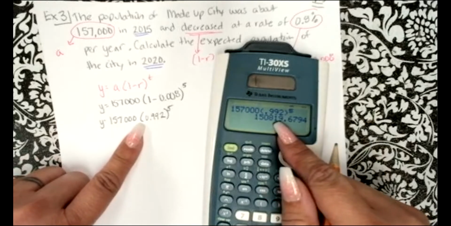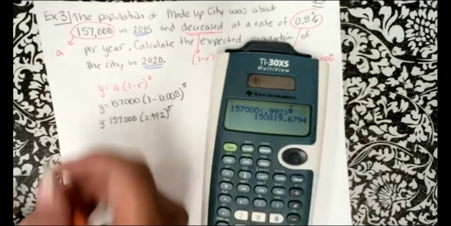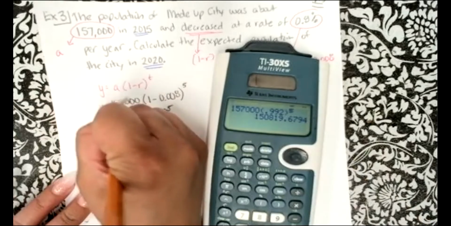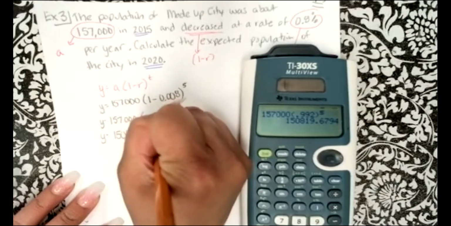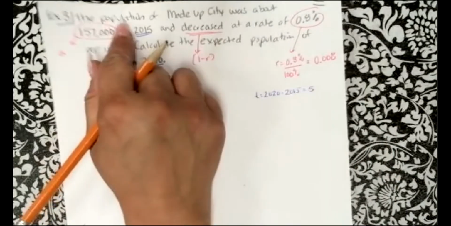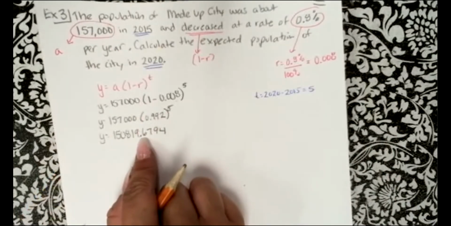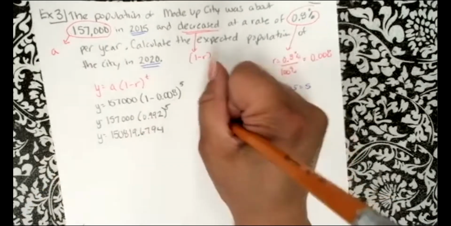Now, right here, we are talking about population. So I'm going to write the decimals for right now. However, when I'm answering this, because you're talking about population, you're talking about people, you cannot have 0.67 of a person. So that's going to round up to a 20 right there.